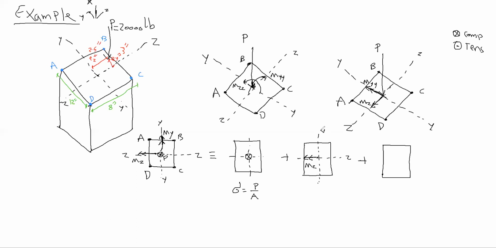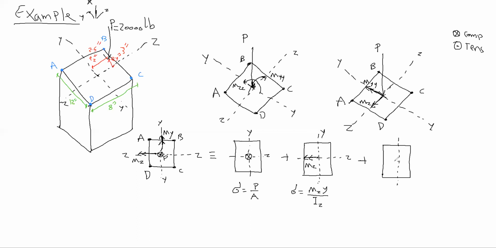This is the direction of Z, this is the direction of Y. So the formula would be MZ times Y over IZ. That's the formula for that.